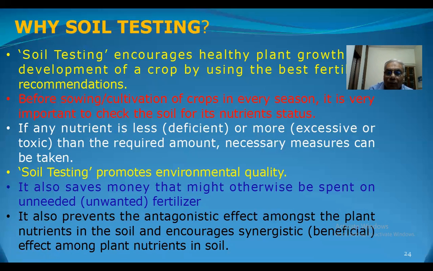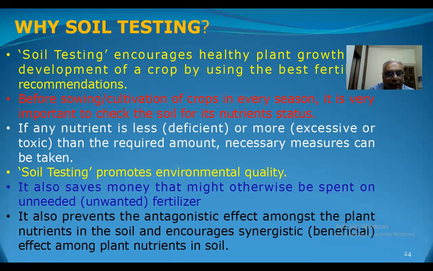Another advantage of soil analysis: suppose you have carried out the analysis and 2 to 3 nutrients are deficient and you add those nutrients to the soil, then you are applying balanced nutrition. When you apply balanced nutrition to the crops, the plant will take balanced nutrition and your crop yield increases by 10 to 20%. So you gain more than 10,000 rupees per hectare.